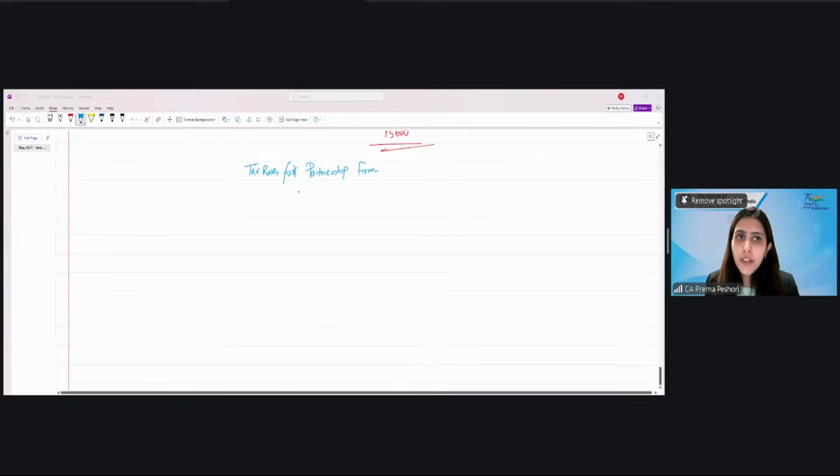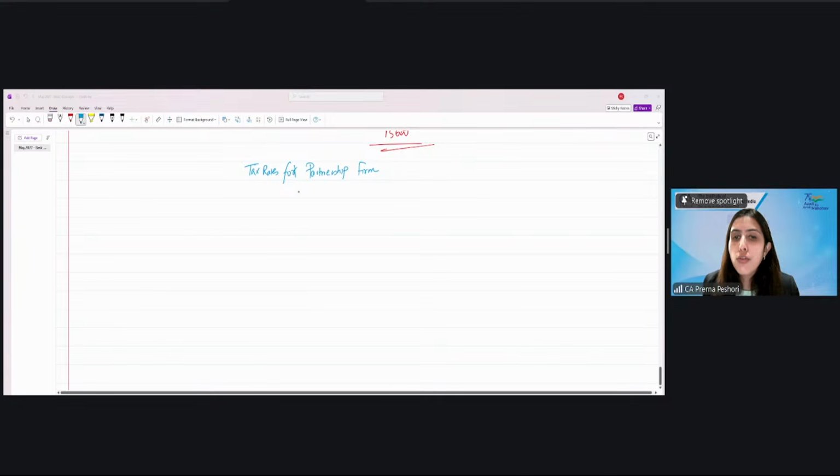Okay. So now that we have seen for the individual, we are going to look at the tax rate of the partnership firm. What is a partnership firm? A partnership firm is incorporated as per the partnership law, right? It also includes a limited liability partnership. Now, both of these, LLP, the partnership firm, is recognized as a separate entity. Okay. So it is a separate entity and therefore it will be taxed on its own profits.